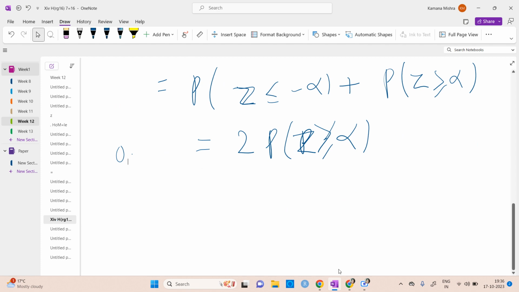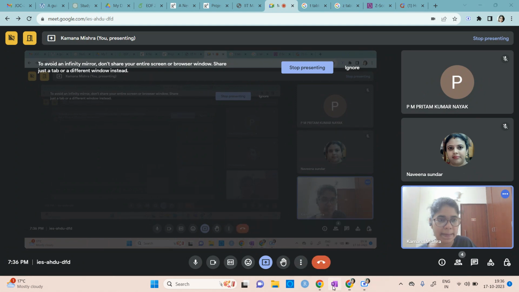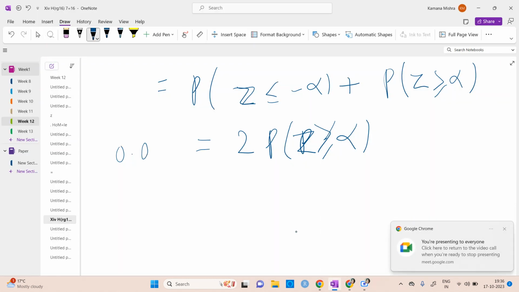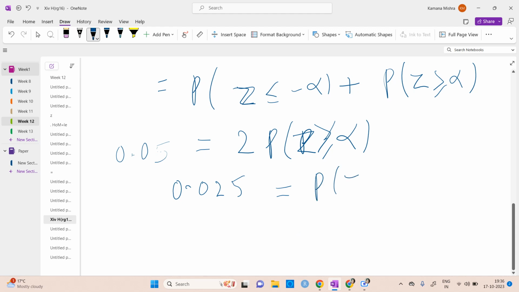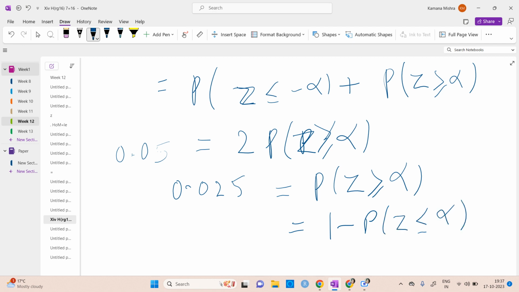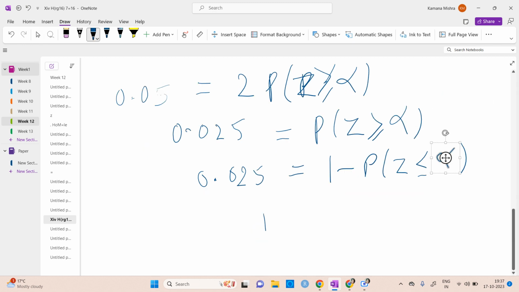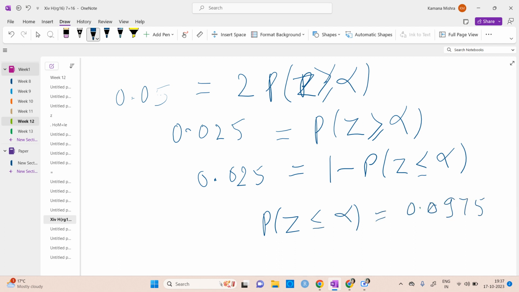Is there any question? Okay. This is 0.05, so it would be 0.025 for the probability z greater than alpha. So 1 minus the probability z less than or equal to alpha, so the probability z less than or equal to alpha would be 0.975.